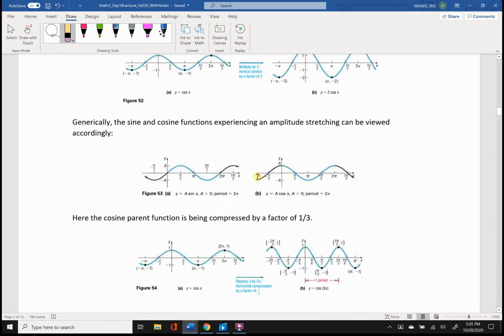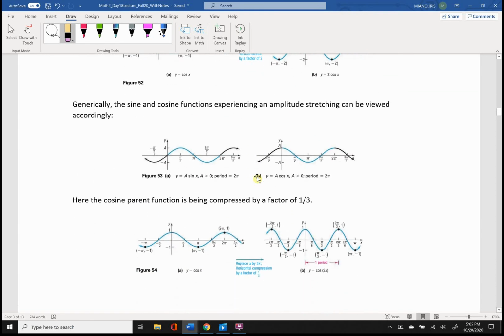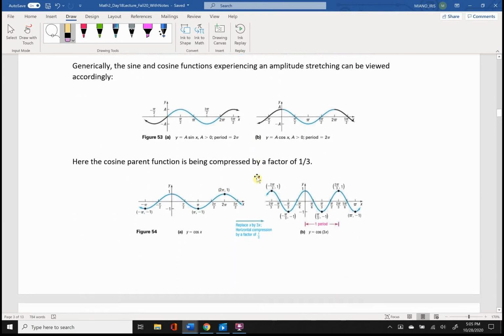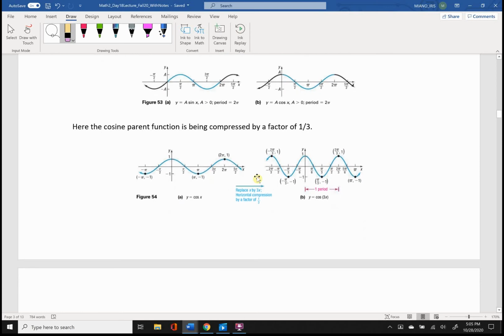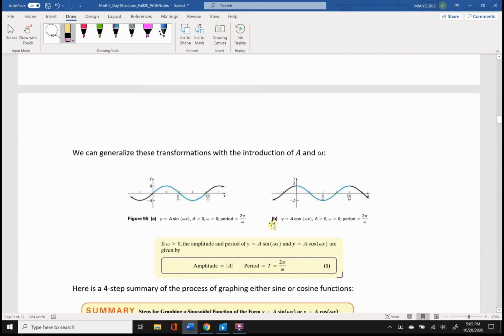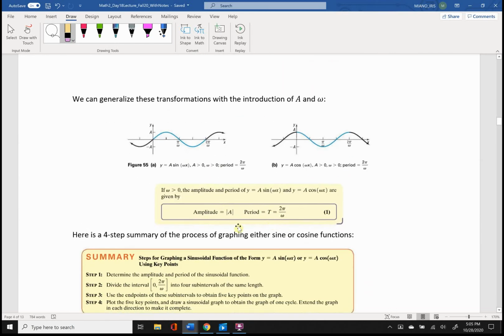which is defined formally in just a little bit. Furthermore, if we needed to compress or stretch the period itself, like how the sine function either is stretched or compressed horizontally, we could do so by changing the period. And so that has algebraic representation right here in this yellow box.